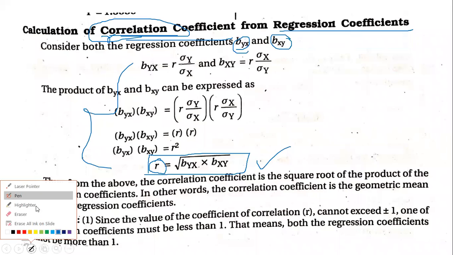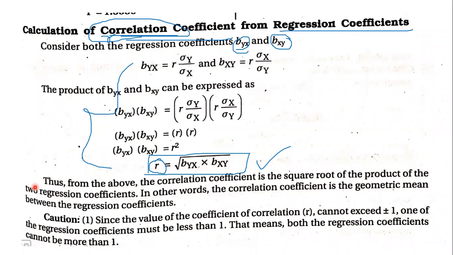We have a few more important points to understand. Thus, from the above, the correlation coefficient is the square root of the product of two regression coefficients. Now, this they will give in the statement problem. Read this line carefully. Correlation coefficient, that is R, is the square root of the product of two regression coefficients. What are regression coefficients? Byx and Bxy.